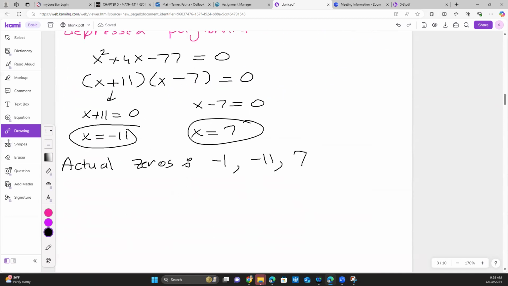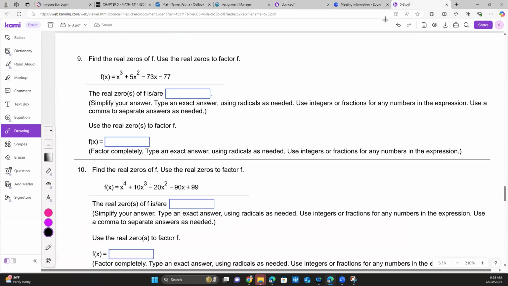It was saying that once you find your zeros, try to write your function in factored form. If -1 is a 0, x plus 1 will be a factor. If negative 11 is a 0, x plus 11 will be a factor. And if positive 7 is a 0, x minus 7 will be a factor. This is how I can express this question in factored form. And this takes care of question 9 for us.